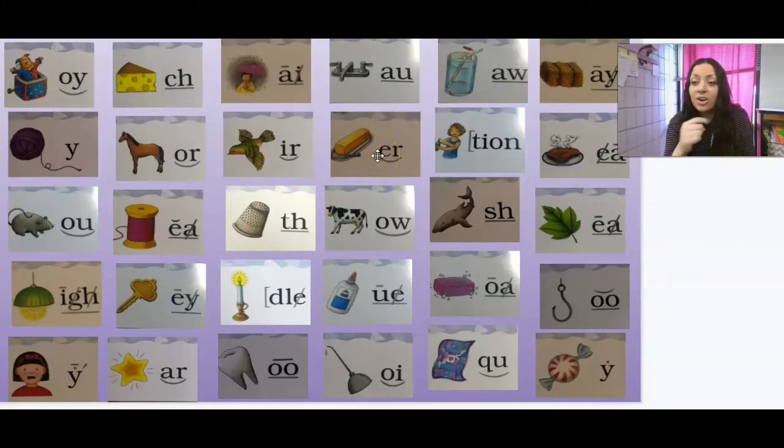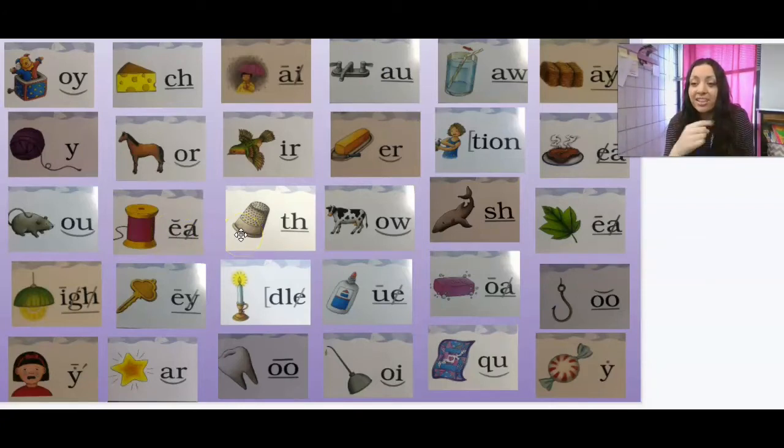Butter, combination, ER. Lotion, shun, final syllable, TION. Steak, A, digraph EA. Mouse, ow, diphthong OU. Thread, digraph EA.